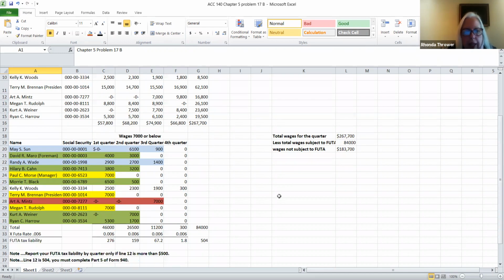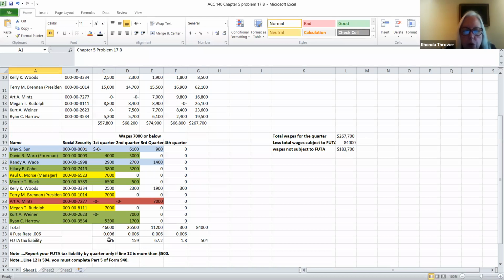So the next thing that I did is I added up each quarter the amount of wages that was subject to that $7,000 ceiling. So I just added the columns up basically. Then I added them across to get $84,000 as the total amount of wages that were subject to the FUTA taxes.